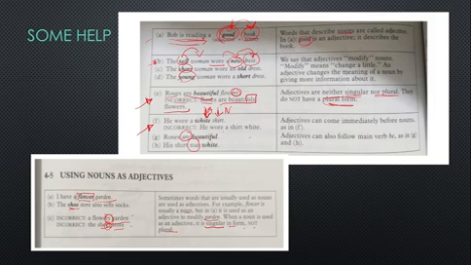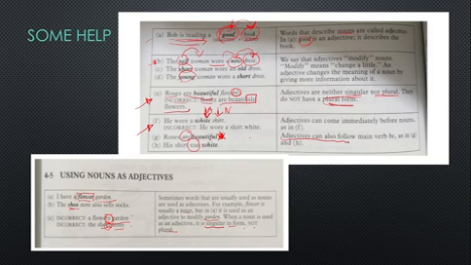Y no necesitas aquí ponerle tampoco plural. Just right there. Solo así, justo hasta ahí vas a escribirlo. Beautiful. His shirt was white. Su camisa era blanca.